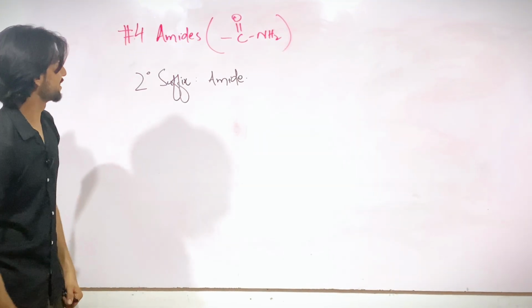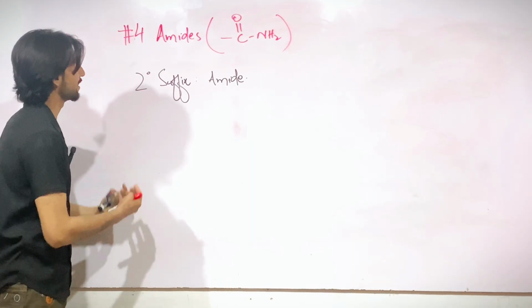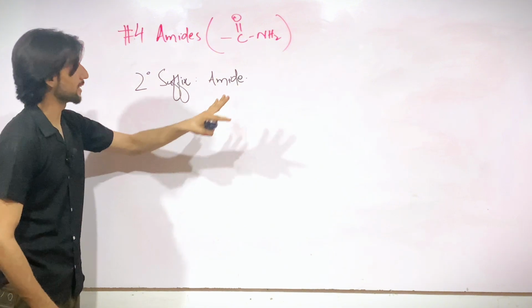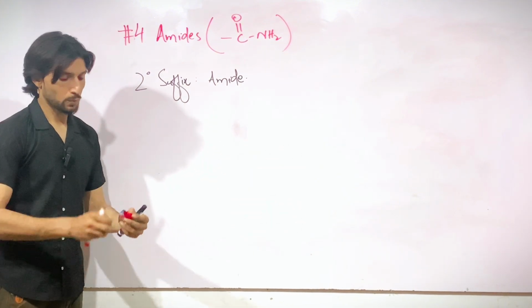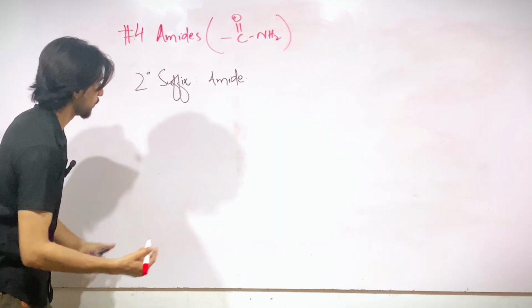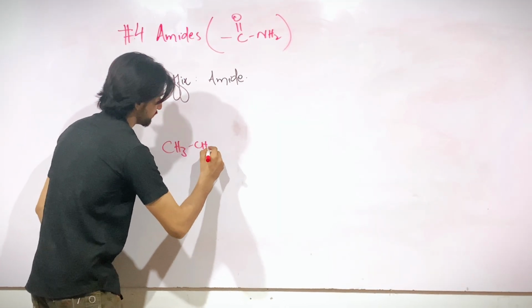So we have got our fourth functional group, that is amides. So amides are named with the secondary suffix amide, as we will see now. Suppose we have a compound like this.